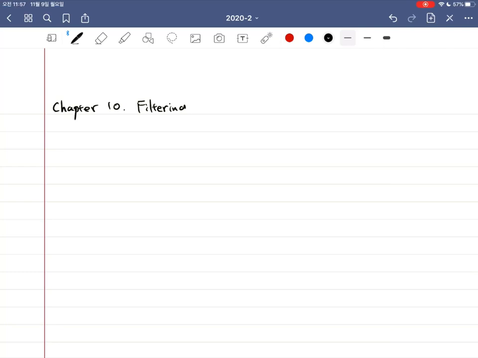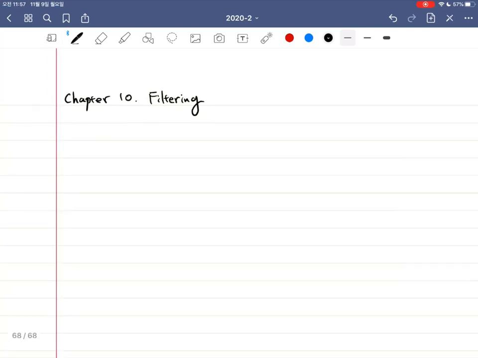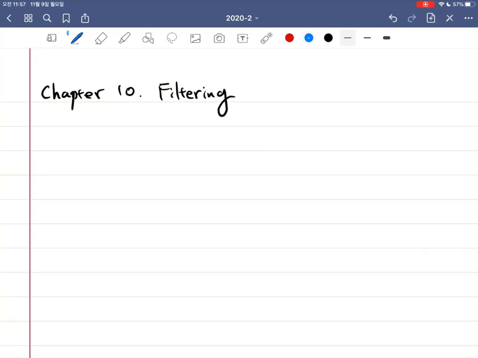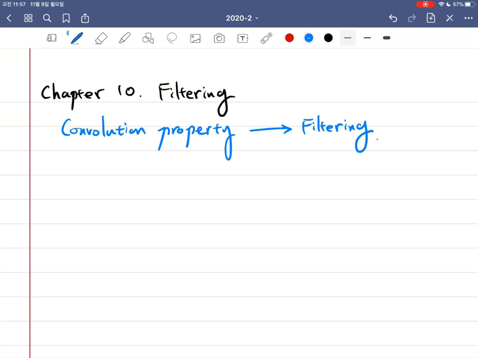I think we covered many things about filtering already, but I would like to go a little deeper in this area. So utilizing the convolution property of the Fourier transform, you will have a lot of theories, and one of the areas is filtering.